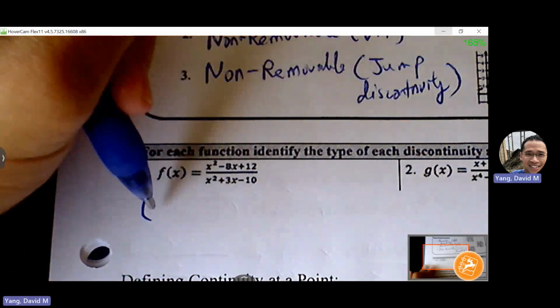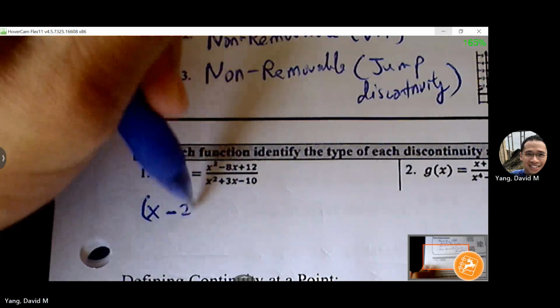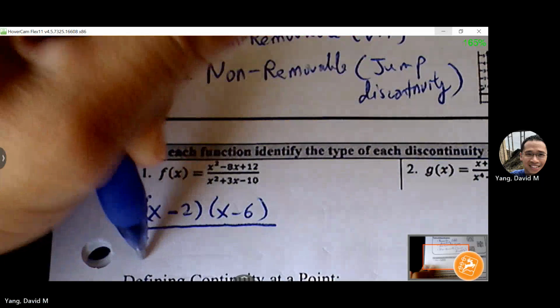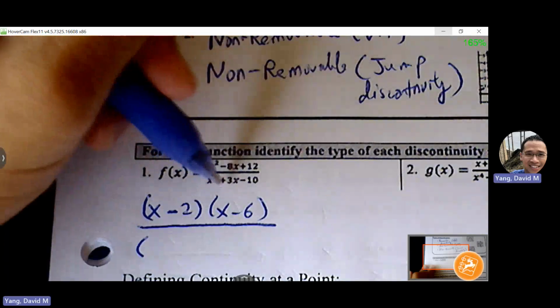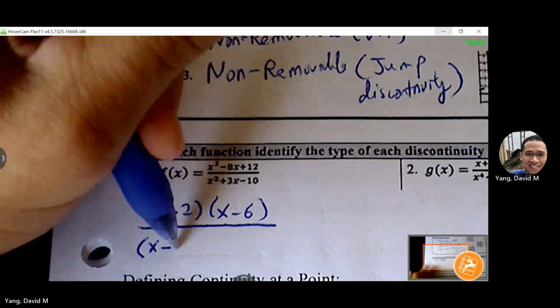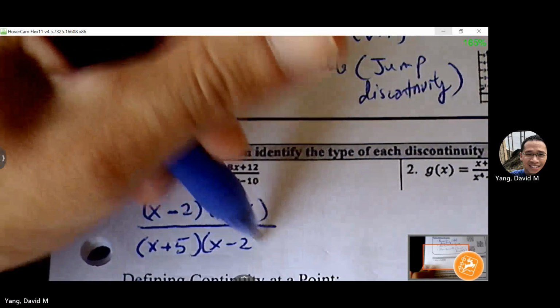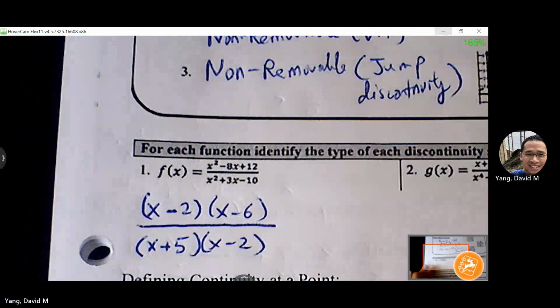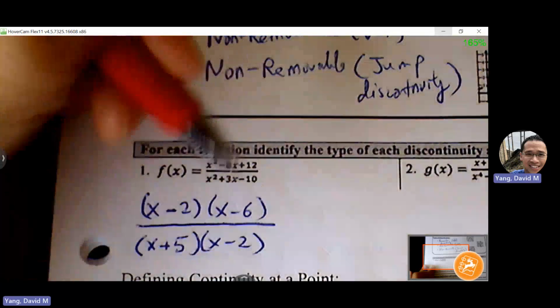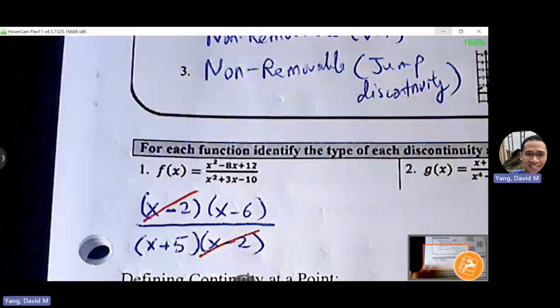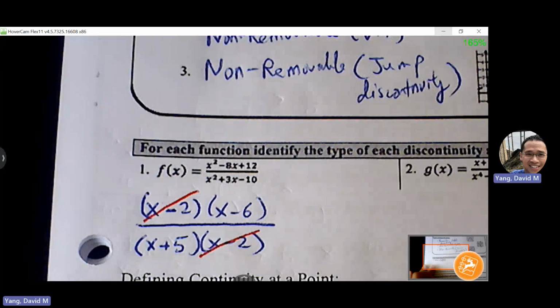Multiplies to be 12, adds to be -8. Multiplies to be -10, adds to be 3. So anytime factors cancel between the numerator and denominator, that's an indication where a hole exists.